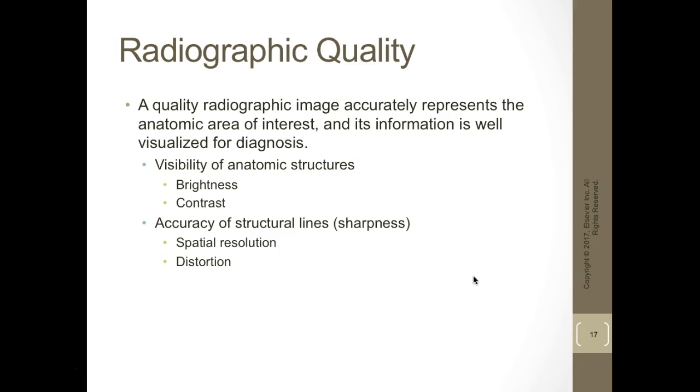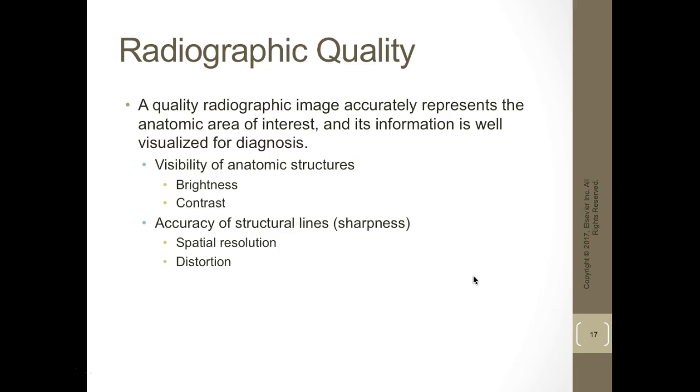Radiographic quality. An X-ray radiographic image accurately represents the anatomical area of interest, and its information is well visualized for diagnosis. For visibility of anatomic structures, we're looking at brightness and contrast. We need those two to see anatomical structures.